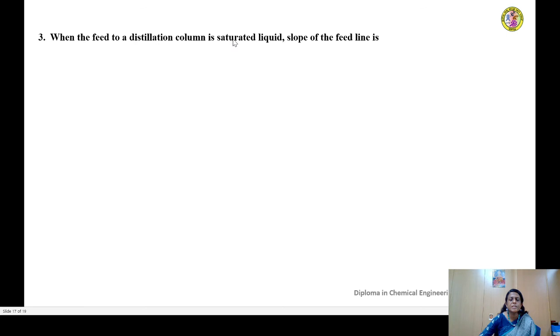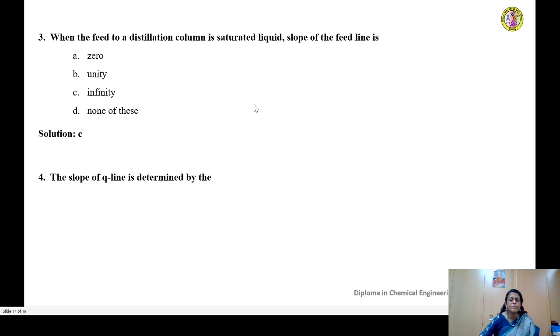When the feed to a distillation column is a saturated liquid, is the slope of the feed line 0, unity, infinity, or none of the above options? The slope is 0 when it is in the saturated vapor condition, and in the saturated liquid condition the slope will be infinity. So option C is the right answer.